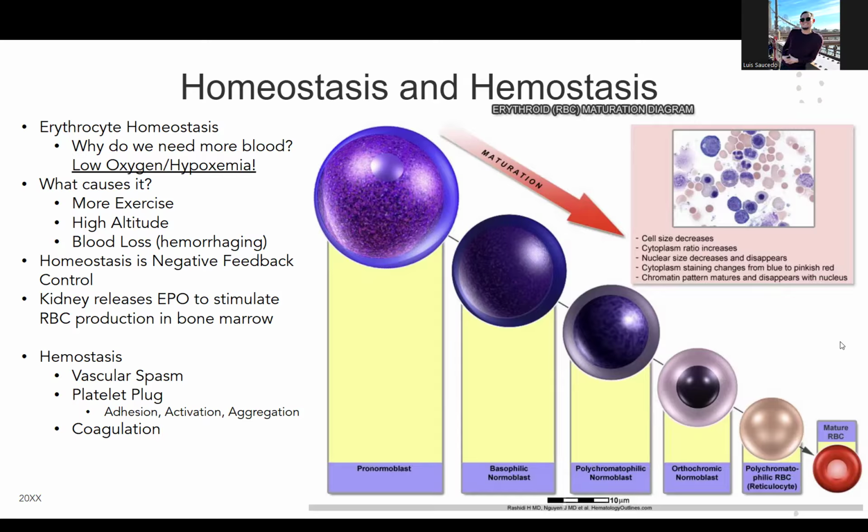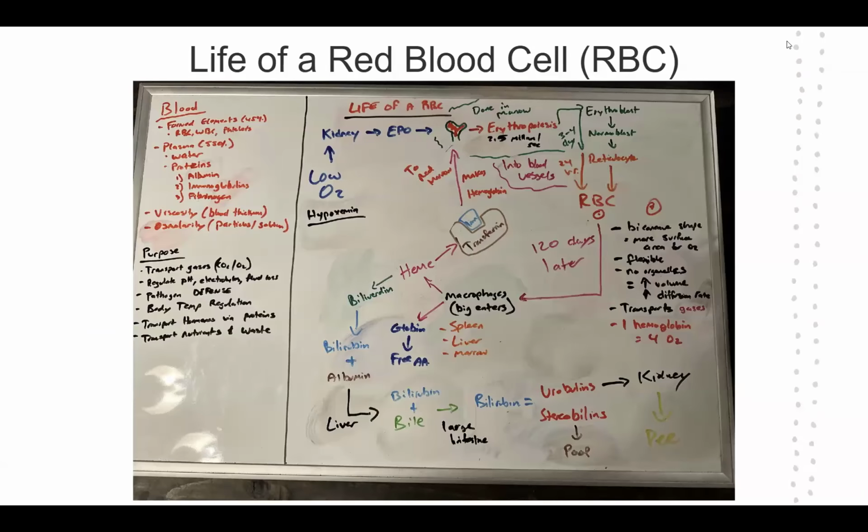Okay, so what I have here in front of you is, when I was Dr. Curley's student, we had to know what I called the life of the red blood cell. So I talked about the things that cause us to create more red blood cells. What we won't cover in Dr. Curley's class is the destruction and recycling of the red blood cells.